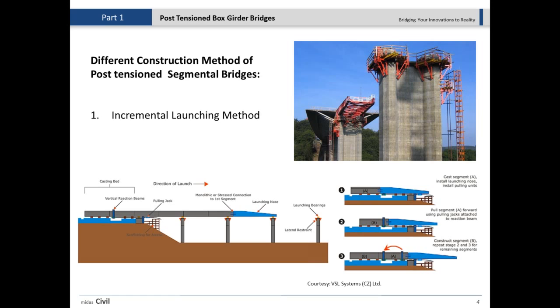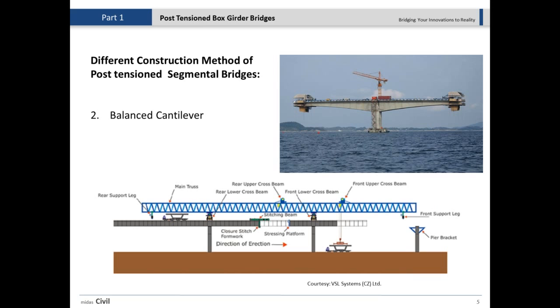The first one is the incremental launching method, where you have these launching nodes going span by span, and then we construct the bridge, as you can see in these diagrams down here. By the way, I got these images from a VSL system, so I'm just noting them as a reference.